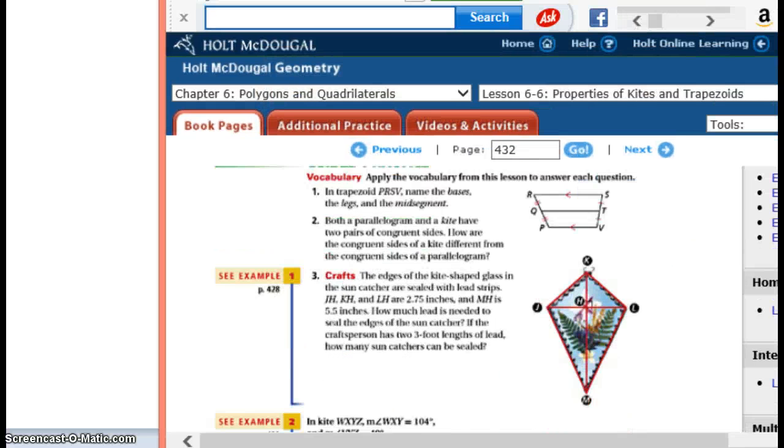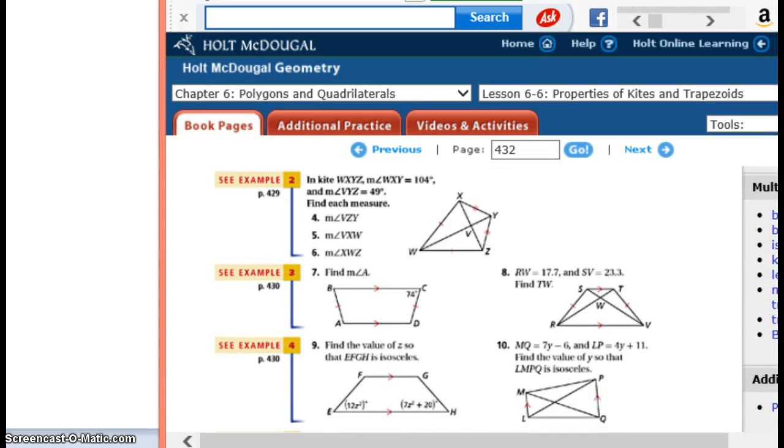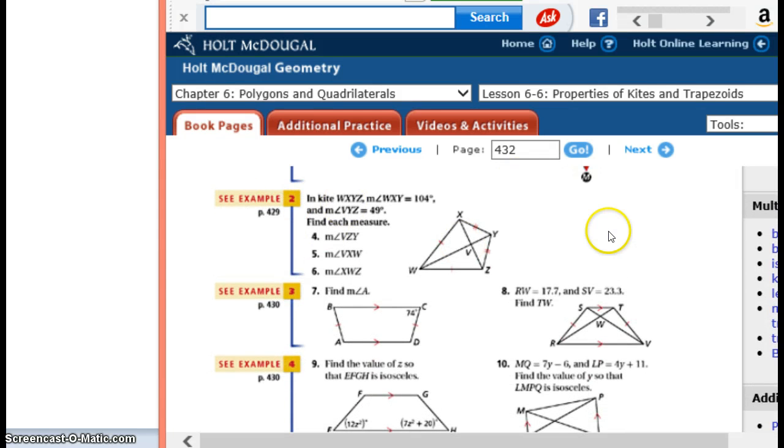Alright. How about, here we have some kite applications. In kite WXYZ, measure of angle WXY, so this angle right here, this whole thing is 104, okay?